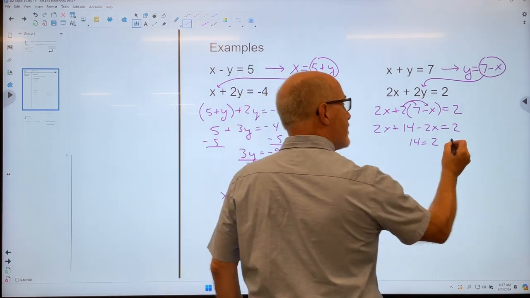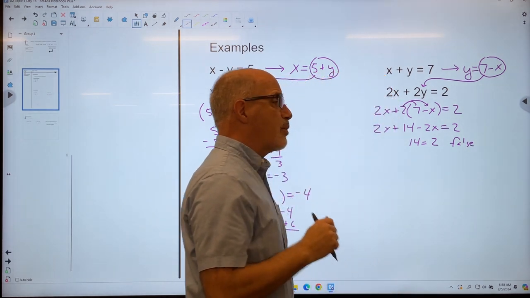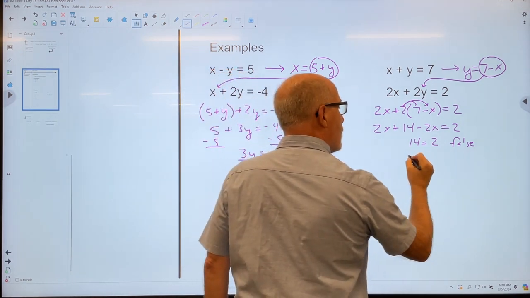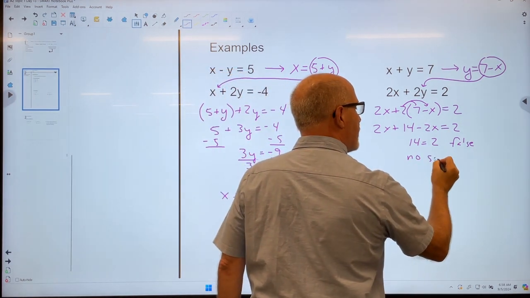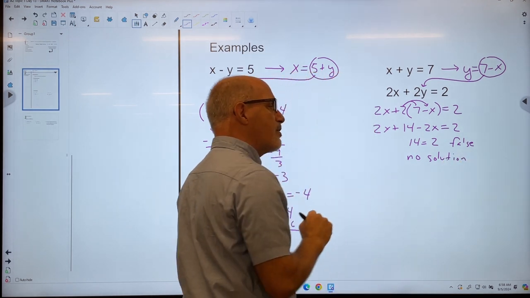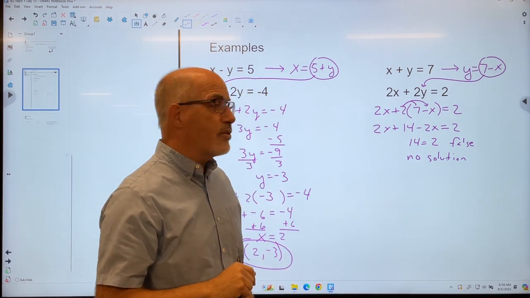That's a false statement. What you have to recognize is when that happens, that means that there's no solution. When you come up with no variables and the statement you have with the numbers is a false statement, it means that the lines were parallel and that there's no solution.